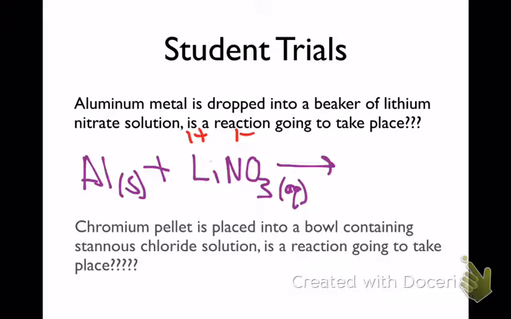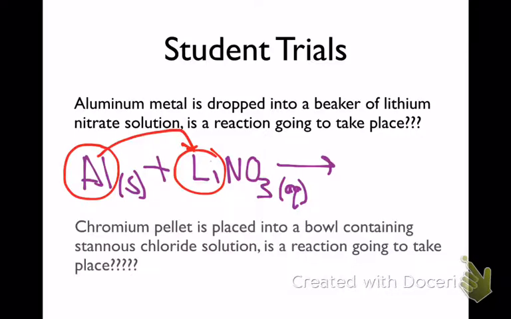So I recognize I've got the circumstances where this could be a single replacement reaction. However, I have to check to see if aluminum, a metal, can replace lithium. Remember, metals are listed first, so lithium's the metal. I'm going to look for those two elements on my activity series.